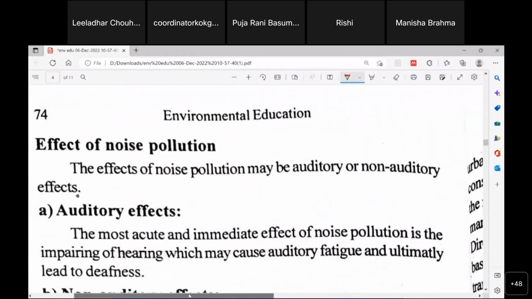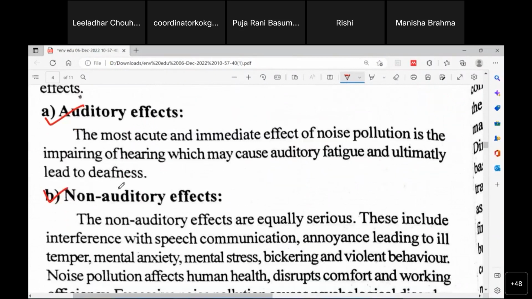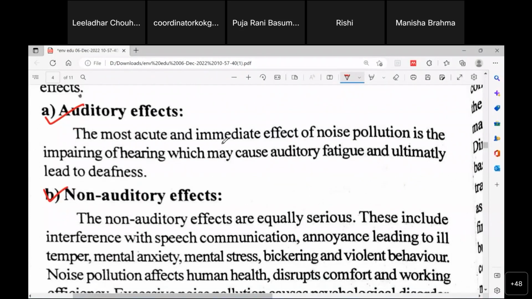Now comes the effects of noise pollution. There are two kinds of effect: one is auditory, one is non-auditory. Auditory effect is the impairing of hearing. What is the meaning of impairing? With time, hearing loss happens. Noise pollution reduces our capability to hear, and it may cause auditory fatigue and ultimately lead to deafness.